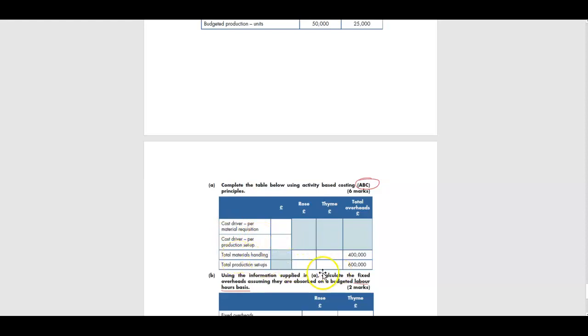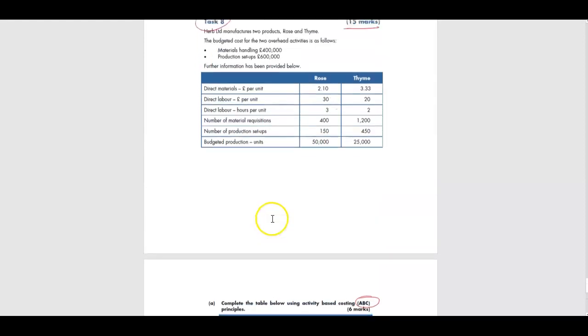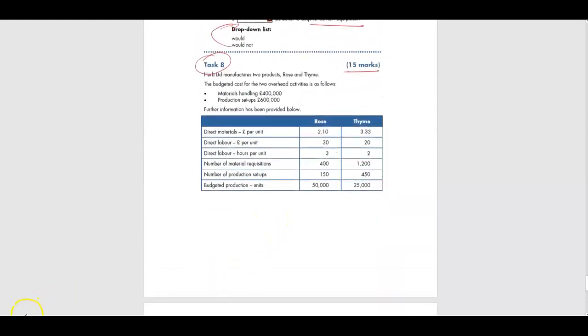All right, let's calculate the cost driver per acquisition for the material. So cost driver per material requisition. You can see the material handling cost is 400,000, and the material acquisitions we have are 400 plus 1200, that is 1600.